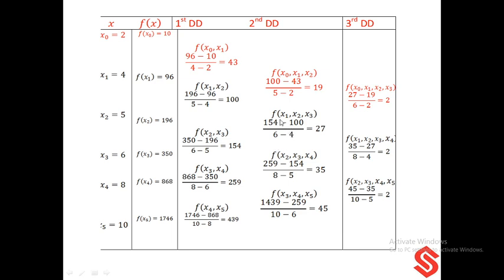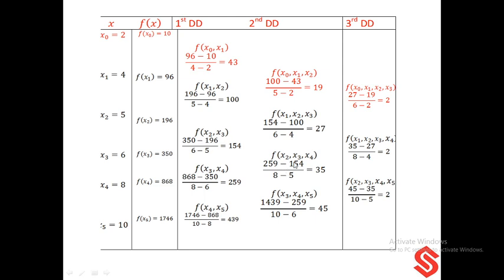Next, f of x1 x2 x3 is defined as f of x2 x3 minus f of x1 x2 divided by x3 minus x1, so that is 154 minus 100 divided by 6 minus 4 will get 27.